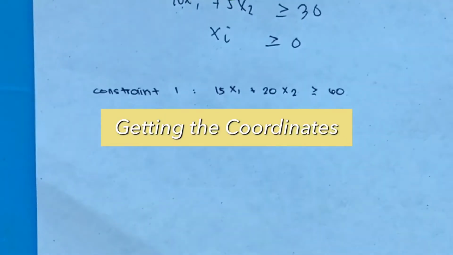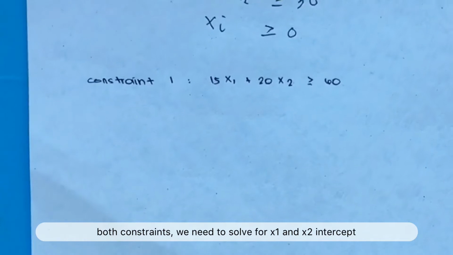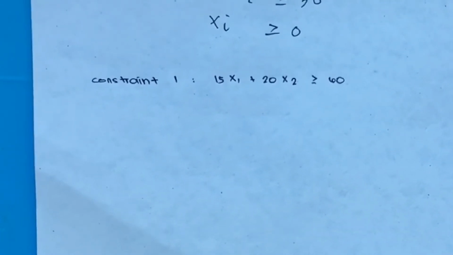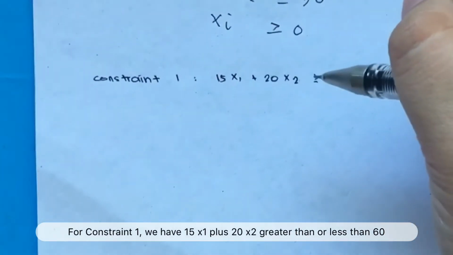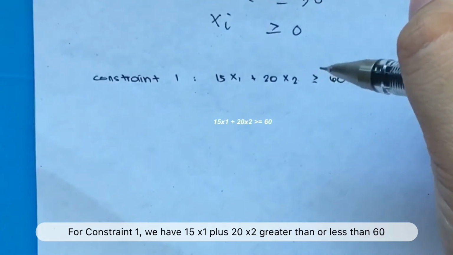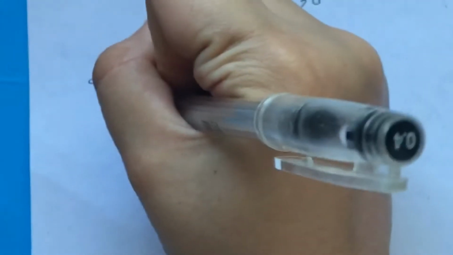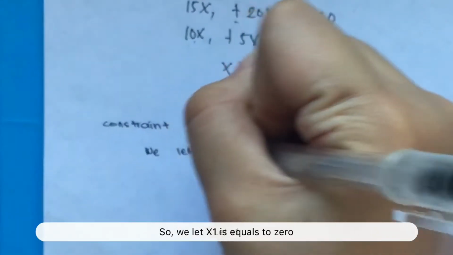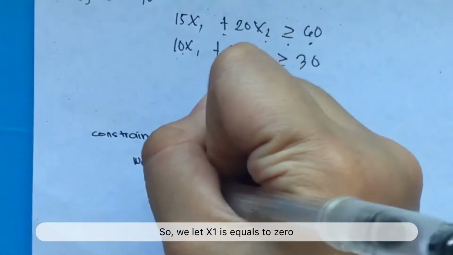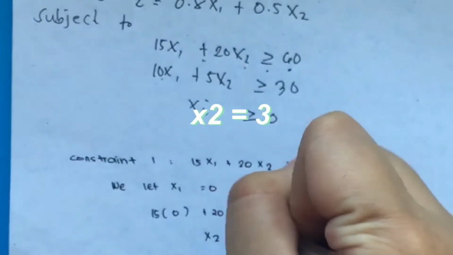In getting the coordinates for both constraints, we need to solve for the x1 and x2 intercepts. For constraint 1, we have 15x1 plus 20x2 equals 60. We let x1 equal 0, so 20x2 equals 60, obtaining x2 equal to 3.